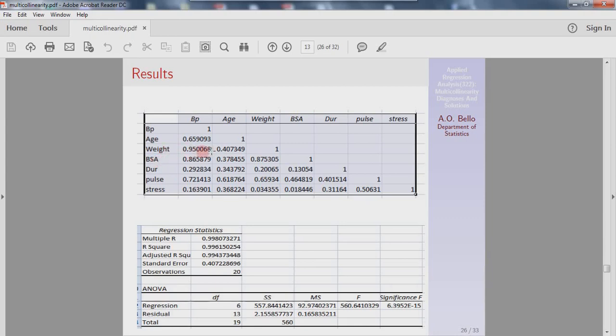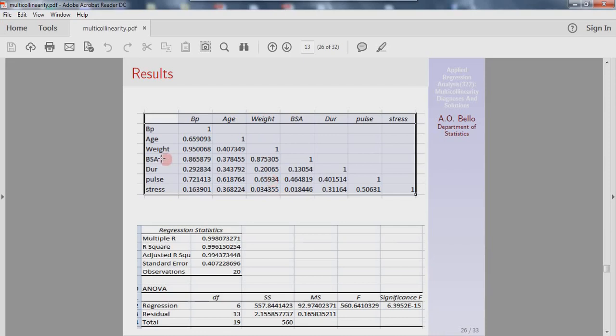Okay, weight is correlated with age, and let's look at it this way. Weight is correlated with the body surface area. It's also correlated with pulse. So you can see we are having issue with weight. This is multicollinearity. Weight is correlated with the body surface area. Weight is correlated with pulse.